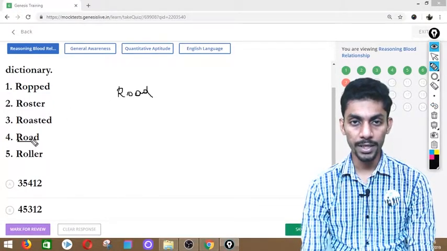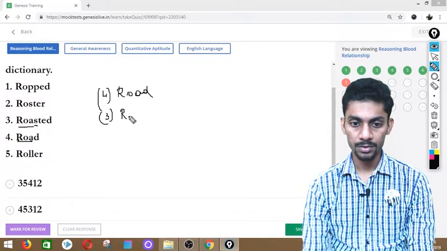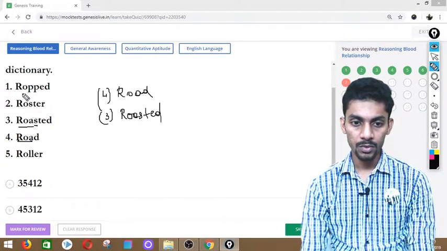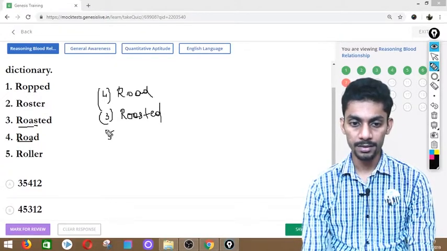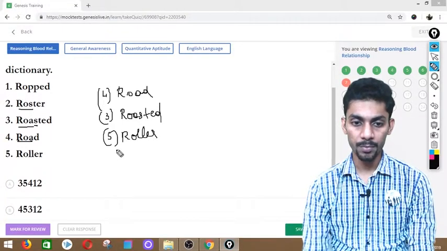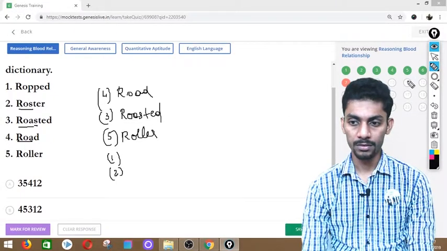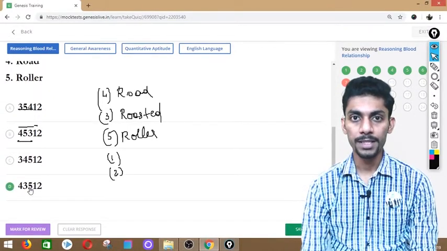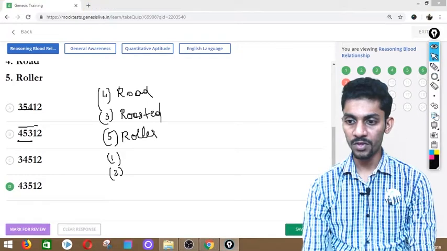First is ROA, even here ROA. Next is S, next is D here. So first one should be 4th one, then should be 3rd one, roasted. Then ROL, right? That is 5th one, ROLLER. Then it should be ROS or ROP. So first one, then second one. The answer should be 43512. 43512 is option D. Clear? So mark option and go for next one.